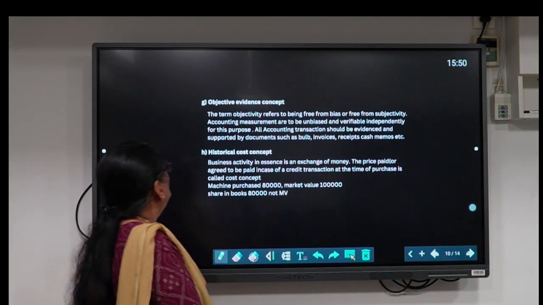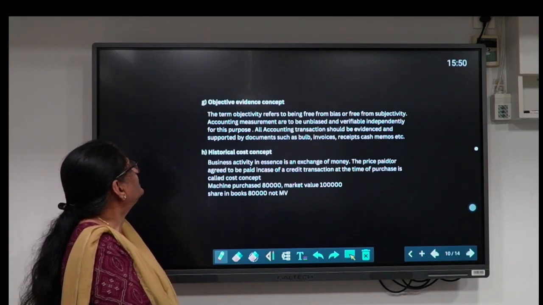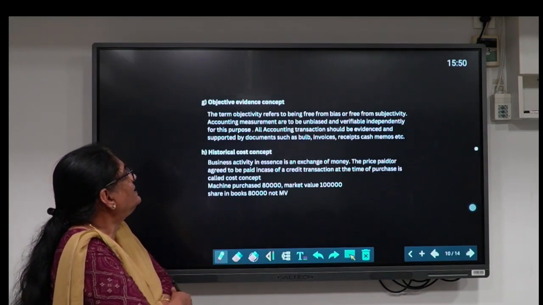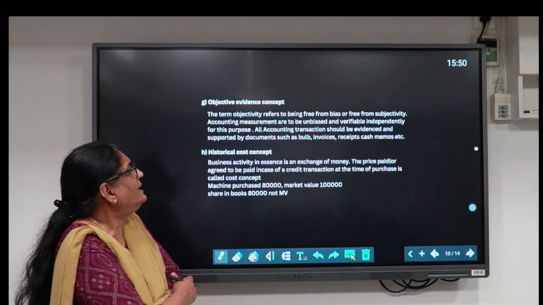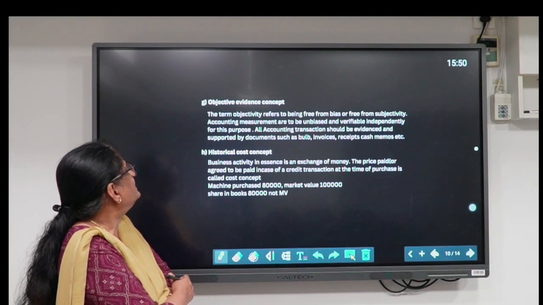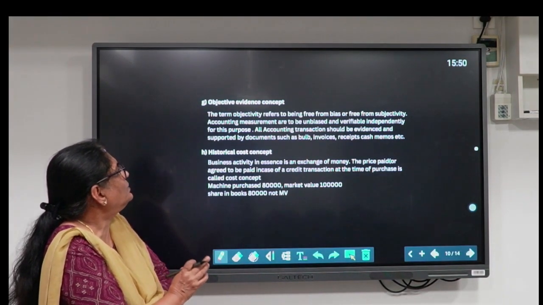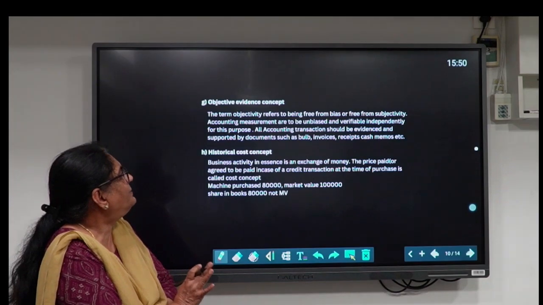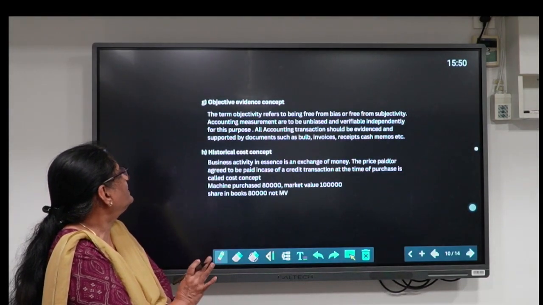Fine. Objective evidence concept. The term objective refers to being free from bias, or free from subjectivity. Accounting measurements are to be unbiased and verifiable independently for that purpose.